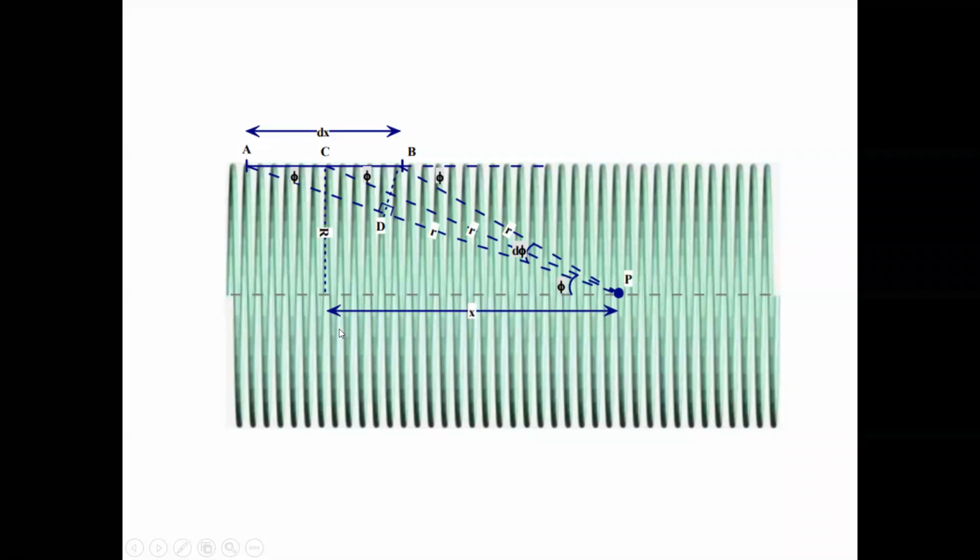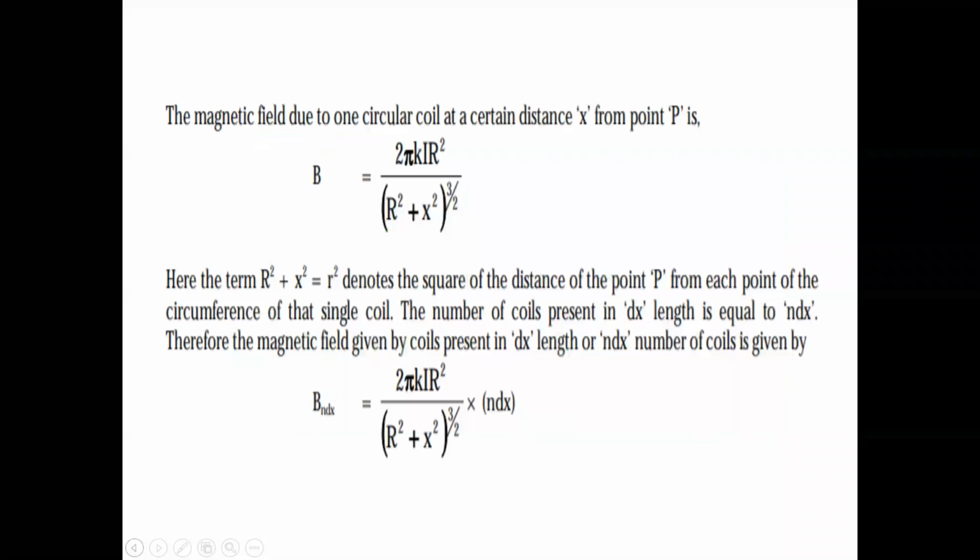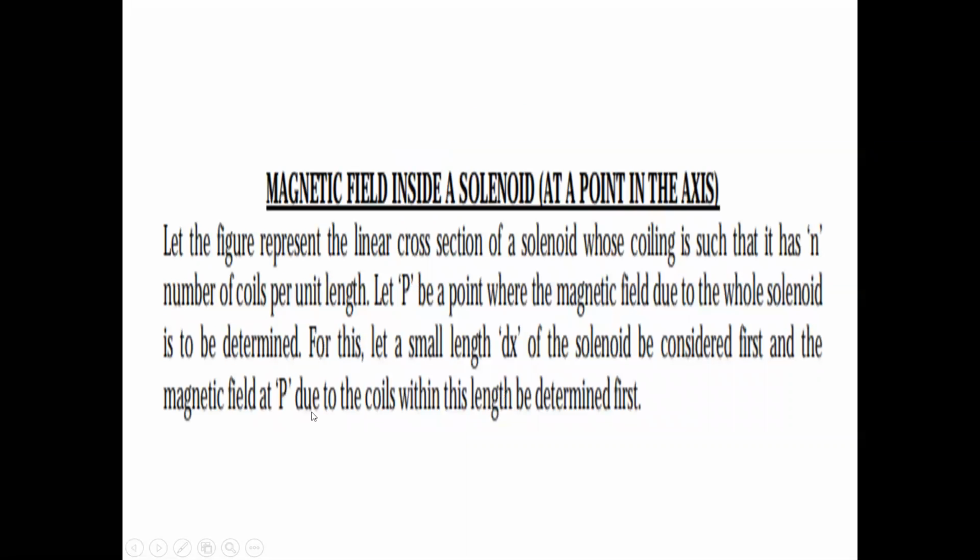Then a magnetic field is developed inside this solenoid. So this is a point P which is inside the solenoid. We have to calculate the magnetic field intensity at this point P. Let us discuss once again.